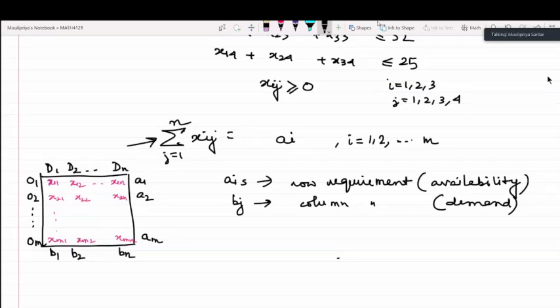Yes. And similarly, if I make the summation along the column, that is xij where i runs from 1 to m, would be equal to bj, where j can take values from 1 to n.